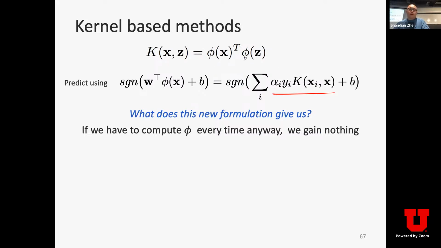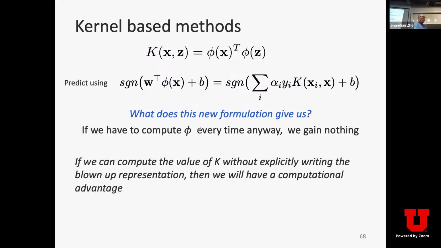There's nothing meaningful in practice. However, if we can invent a new computation trick such that I can cheaply compute this K function without explicitly performing feature mapping and dot product, then this will be very useful.